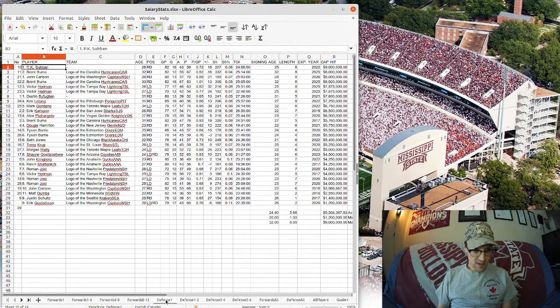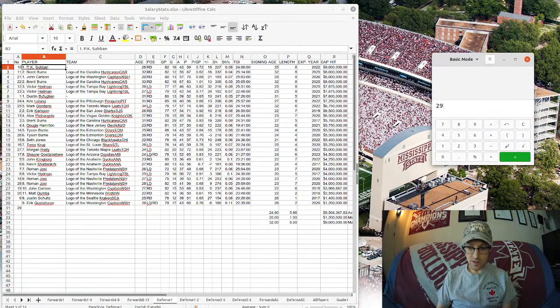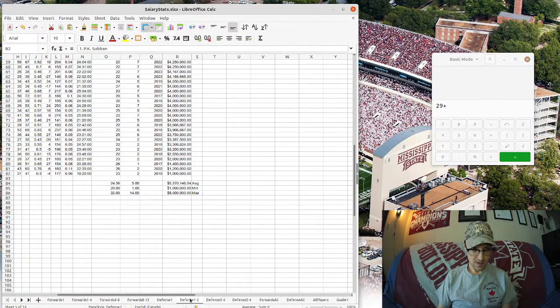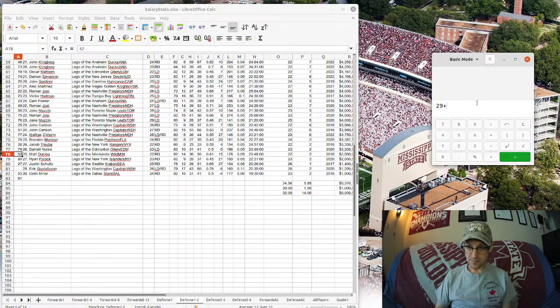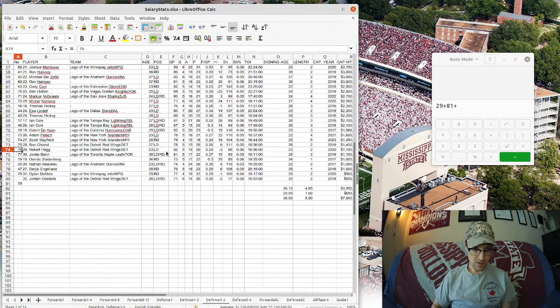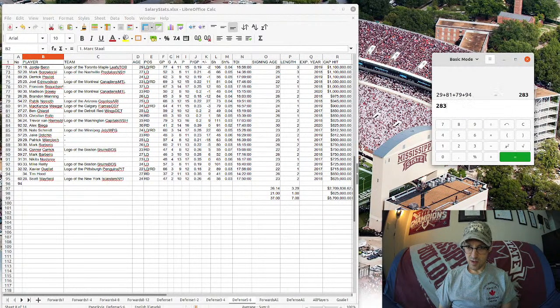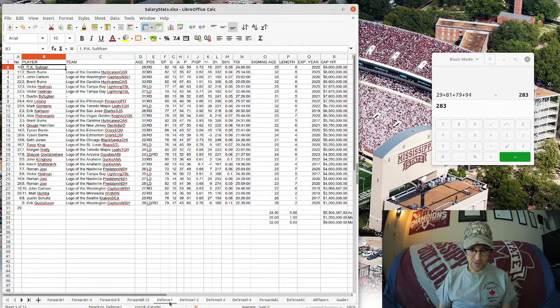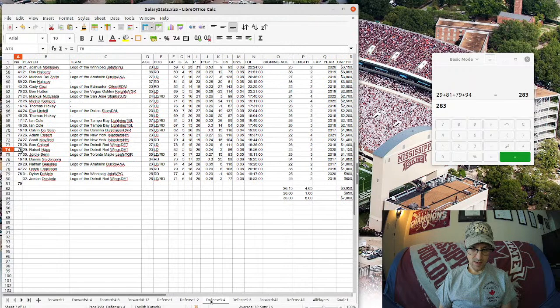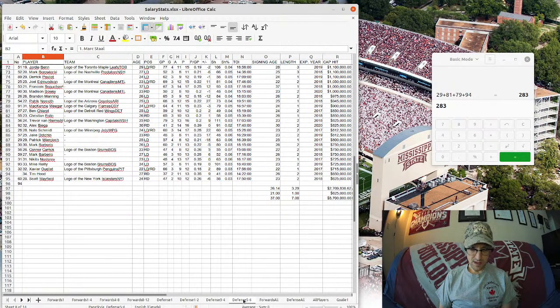So 283, 29 plus 81 plus 79 plus 4. So that is right, I guess. So 29 plus 81 plus 79 plus 94.